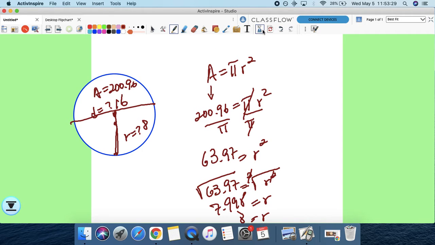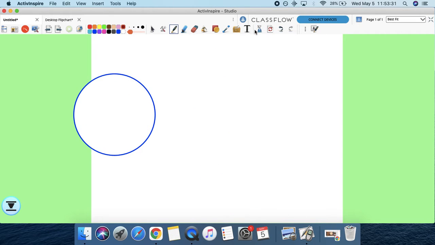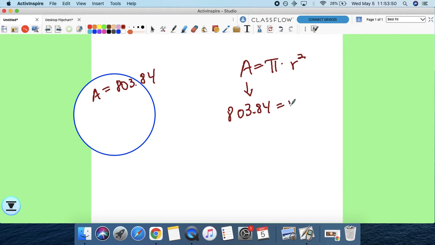4, 5, 6, we're going to do it in class tomorrow, so I want you to skip. So number 7, 8, 9, they're repetitive. So area equals 803.84. So again, we can practice. Pi r squared, divide by pi, divide by pi, r squared.